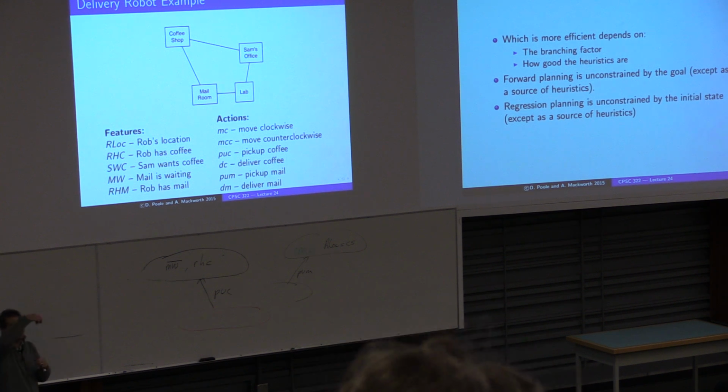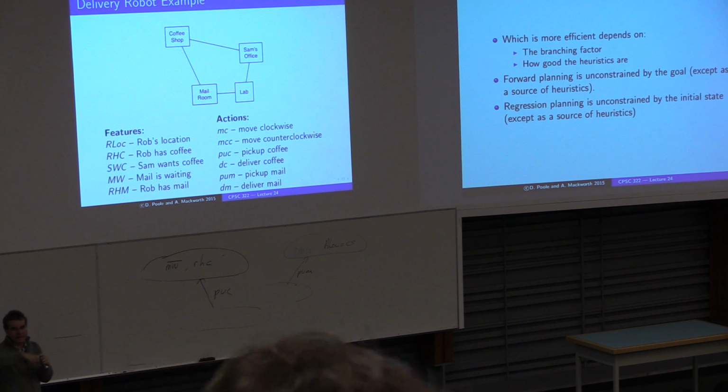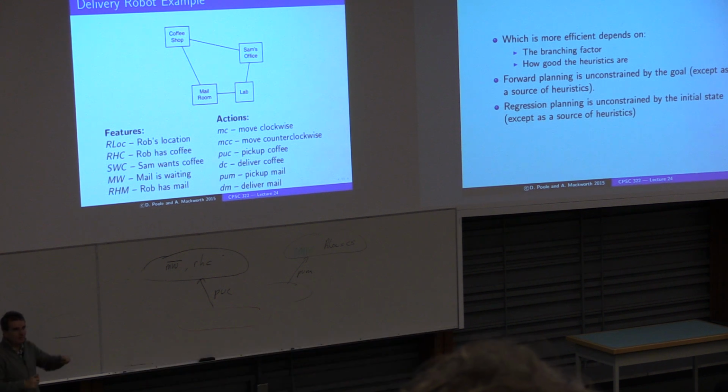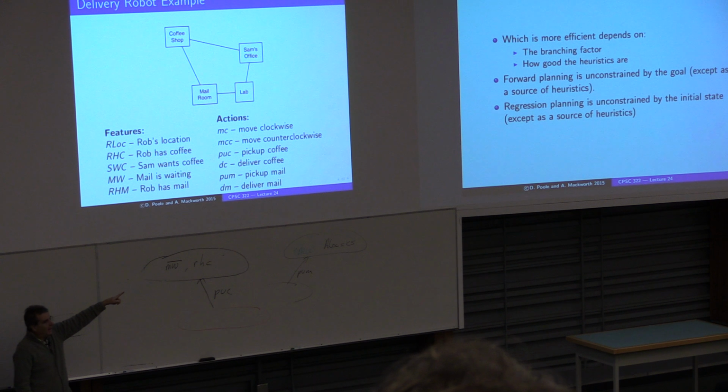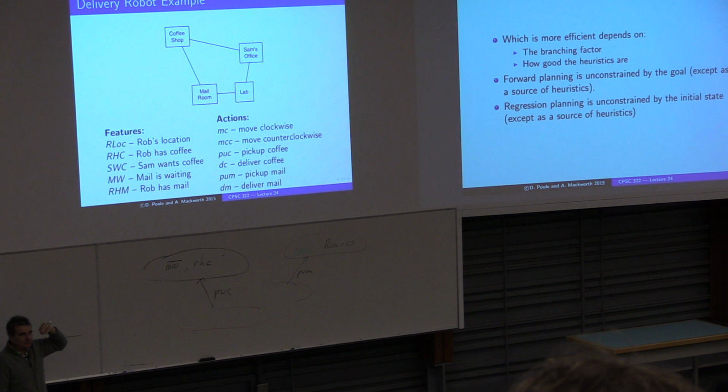We can only reach what are called reachable states, those you can actually get to, but they might be irrelevant to the goal. And when we stumble across the goal, then we've solved the problem. The goal can be a source of heuristics because we're going to try and be closer to the goal. Whereas the regression planner is unconstrained by the initial state, except again as a source of heuristics.